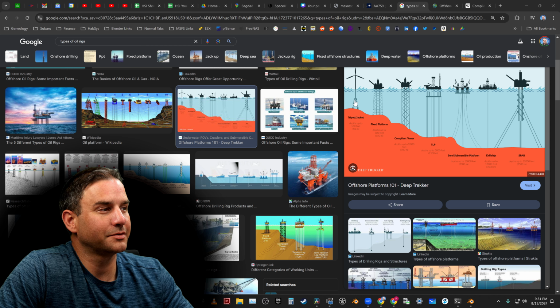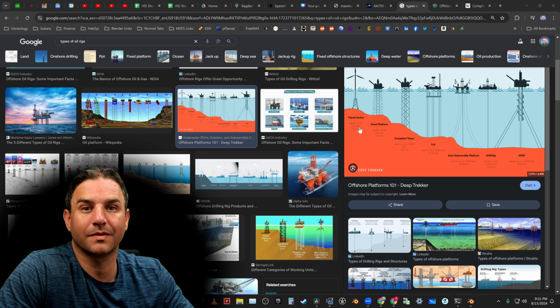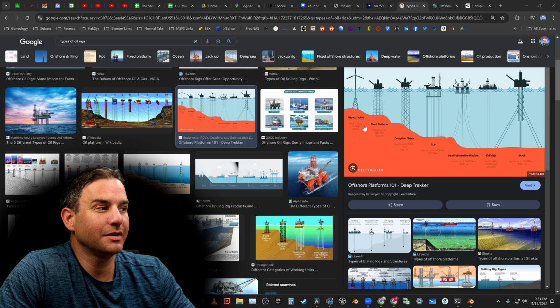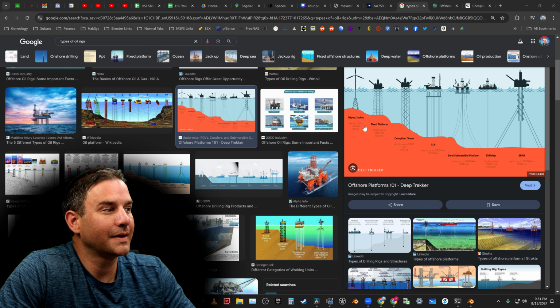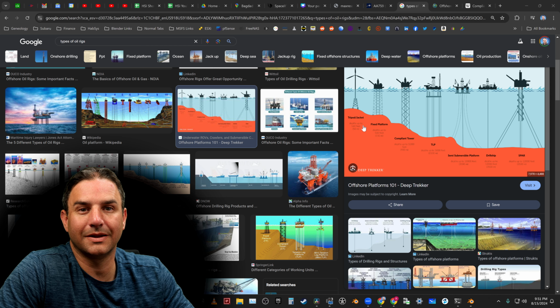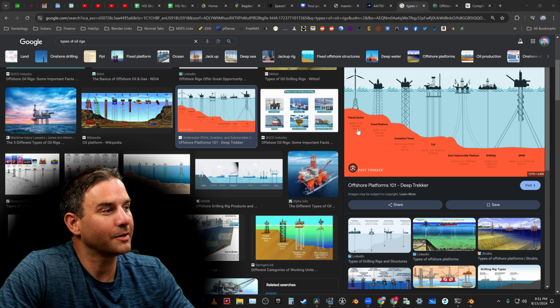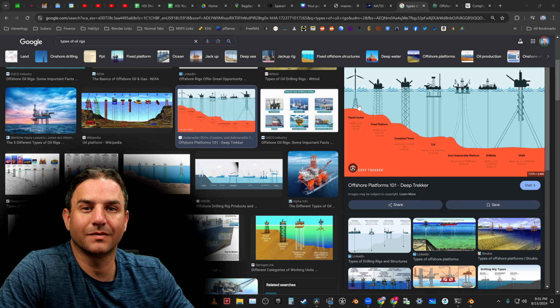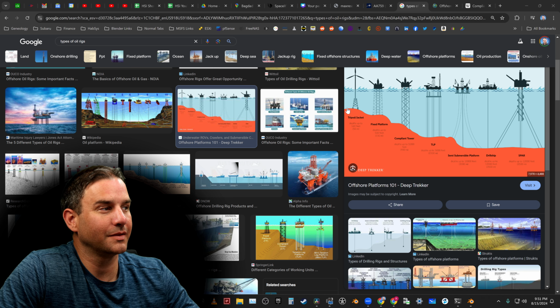This is typically a metal structure, and it says it can be used in depths from 0 up to 160 feet. Now, 160 feet sounds like it's pretty far, but honestly, it's not super far. That's about 50 meters, which is not considered a very deep area in the ocean.